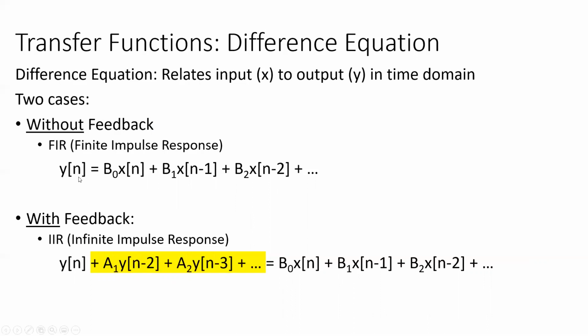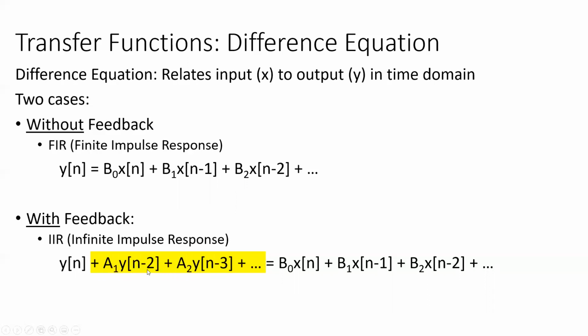So your output y is some combination where you scale the input, then you scale the input at the next moment in time, and the next moment in time, and that'll get you your output. Then you have with feedback, which is IIR, infinite impulse response. And so you have this addition of these y terms here.